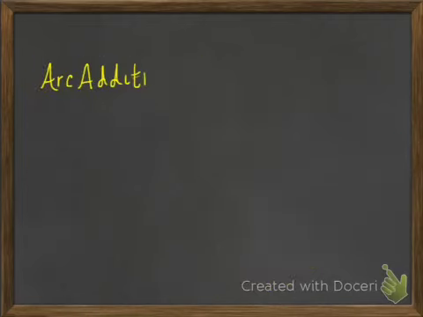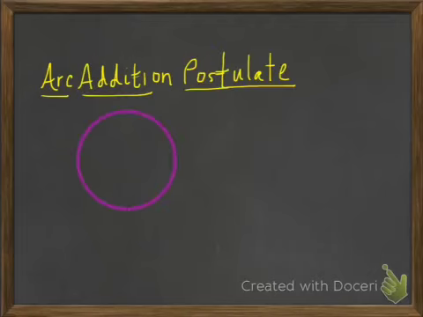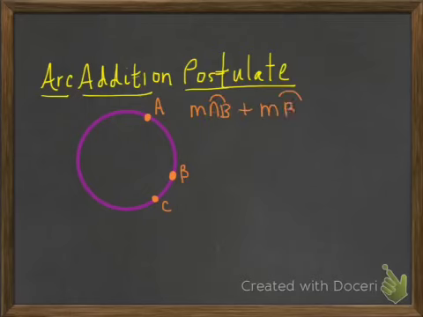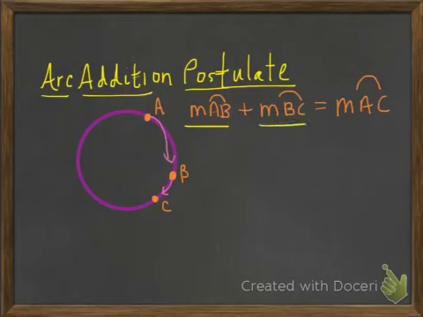All right, now this is something that should be familiar. It's the arc addition postulate. The arc addition postulate is similar to angle addition and segment addition. Basically all it says is the measure of arc AB, written m with the arc sign AB, plus the measure of arc BC will equal the measure of arc AC.